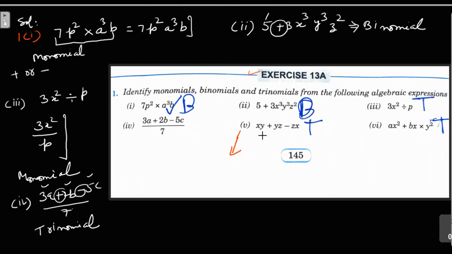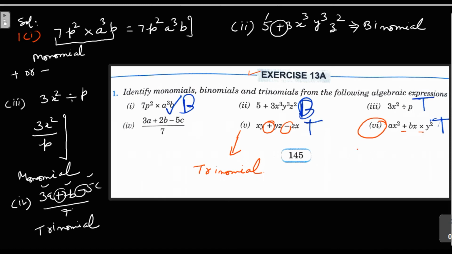Now part number 5: xy plus yz minus zx. Here also the terms are separated by plus and minus, 1, 2, 3 terms, so it is also a trinomial. Now 6. Here this sign is positive, but this is a multiplication sign.